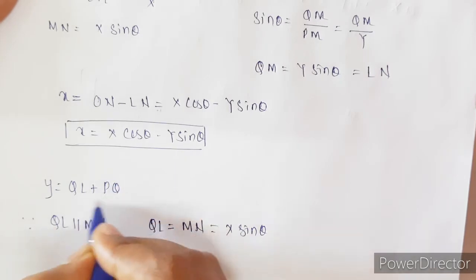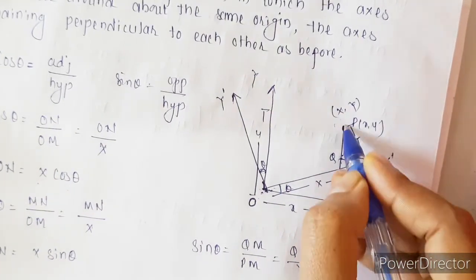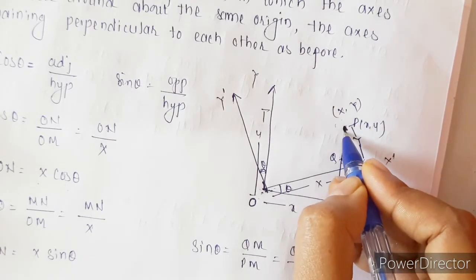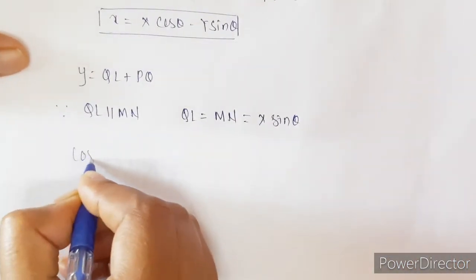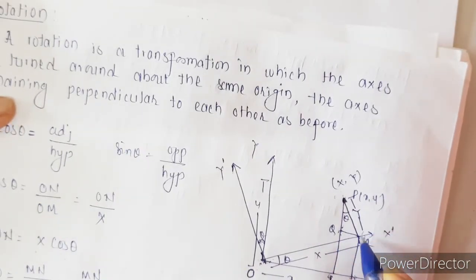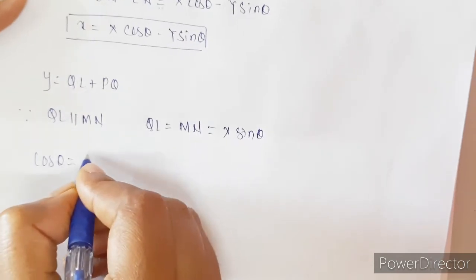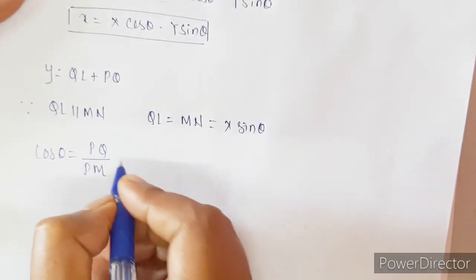Now we have to find what is PQ. PQ is this distance. Again we can use cos for finding this adjacent side. So cos theta is nothing but PQ by PM, that is adjacent, PQ, upon hypotenuse, that is PM.